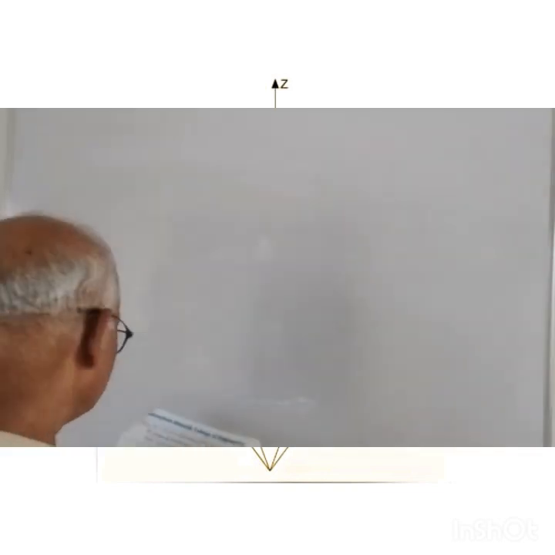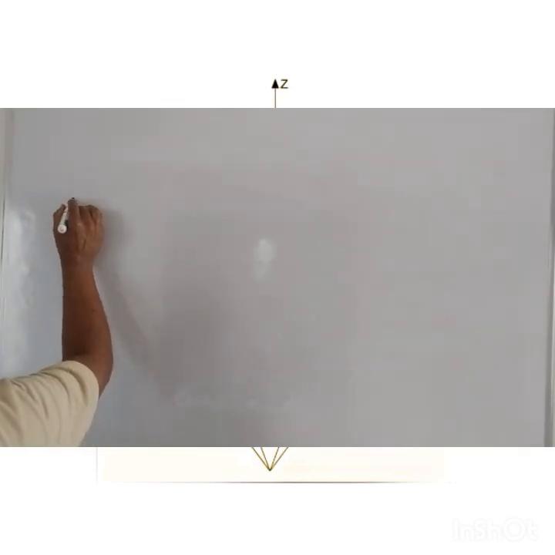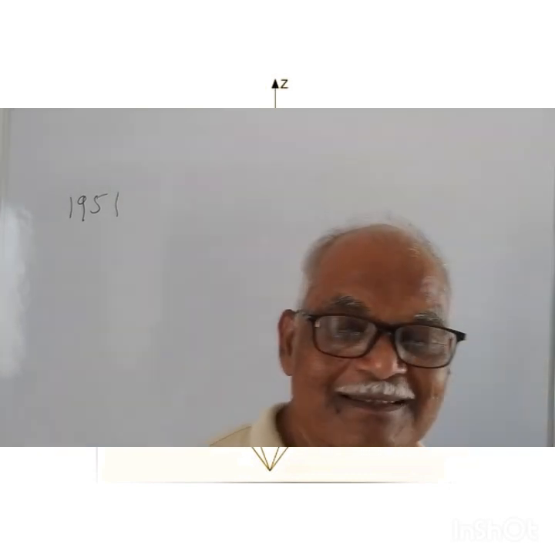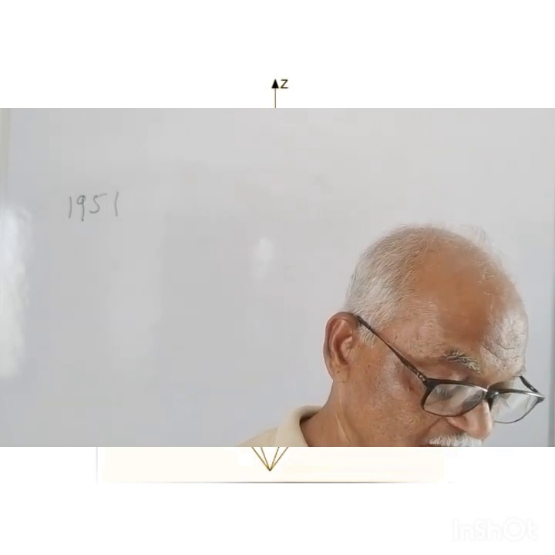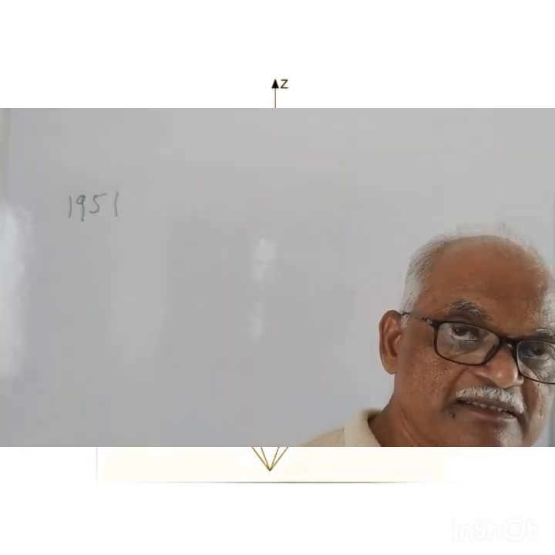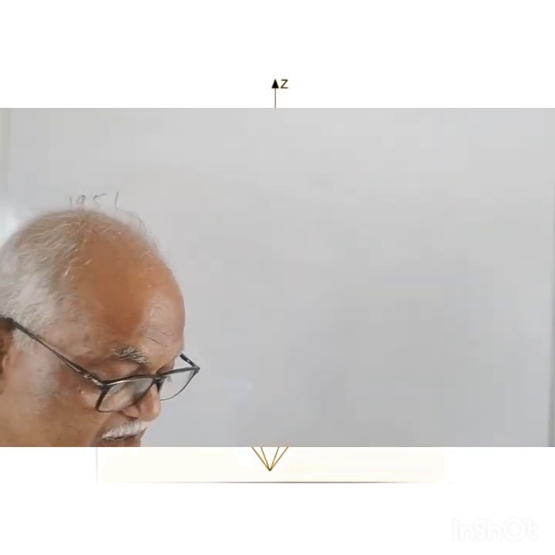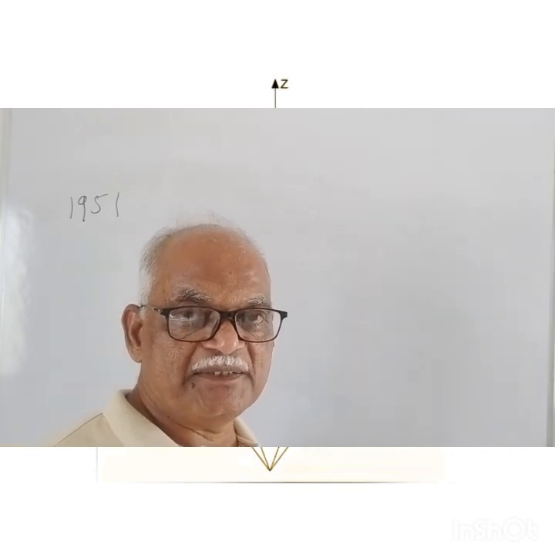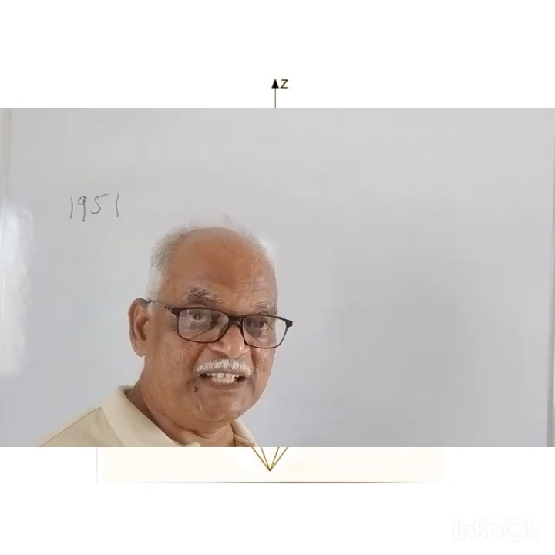The next event was detected in 1951, when two groups of researchers simultaneously produced bis cyclopentadienyl iron, that is ferrocene. Two groups were working simultaneously at different places and both of them prepared it, but they suggested sigma bonding.